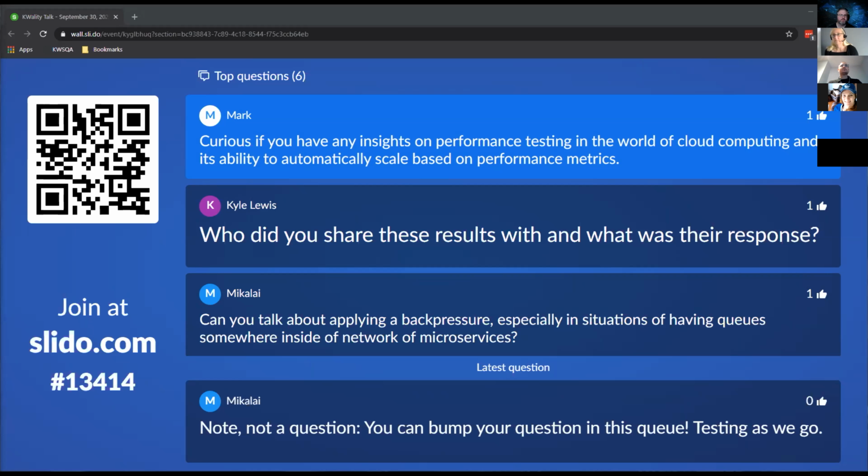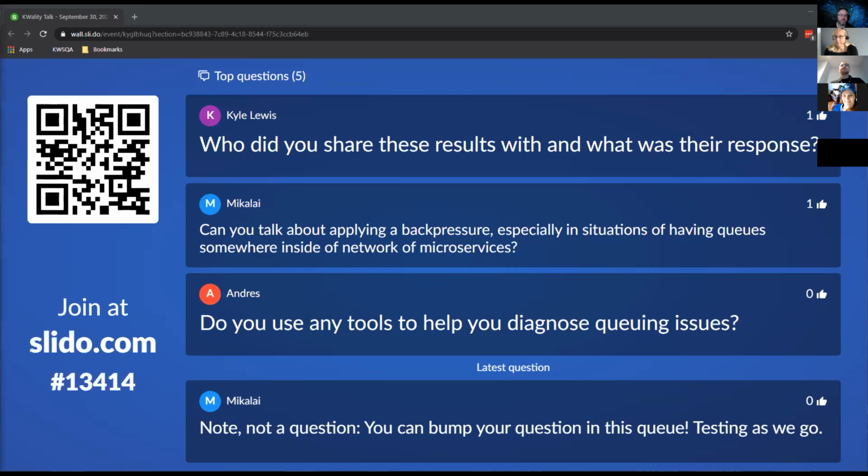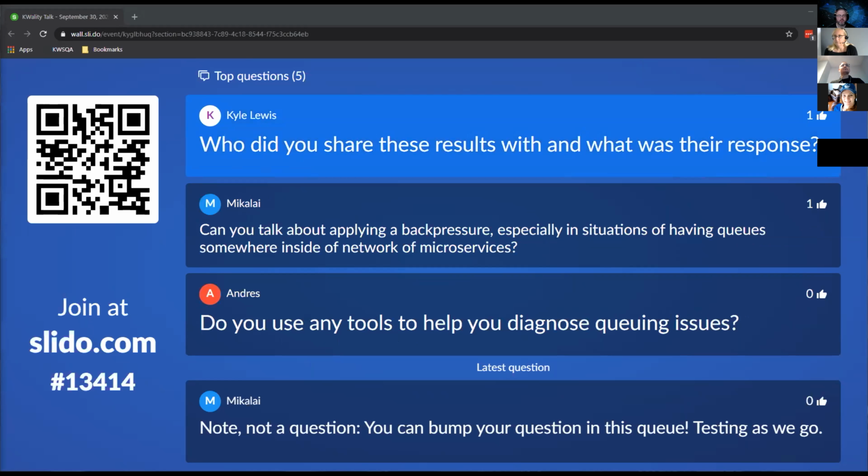That's great, thank you. The next question is, who did you share these results with, and what was their response? That's a really interesting question. Our tools can detect queuing, as shown on that final slide with Ioan.